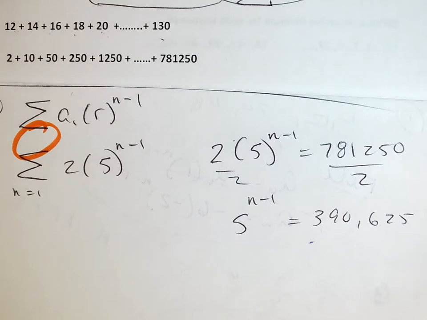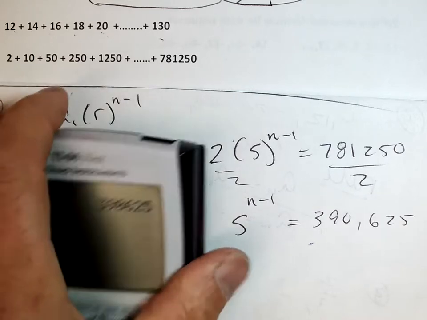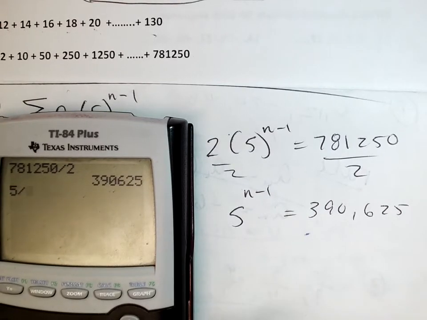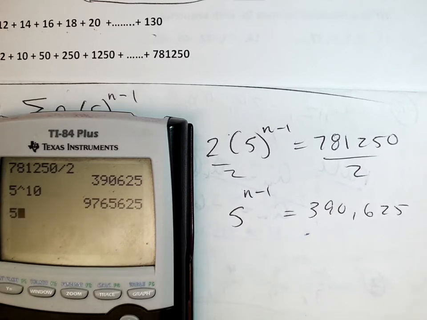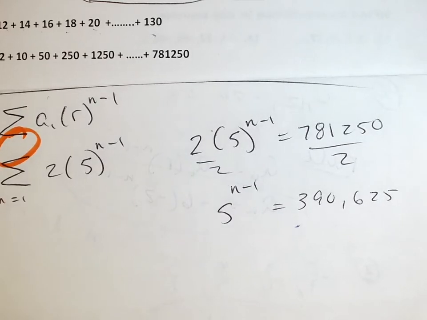Okay, now you got two choices. We could just guess and check. 5 to what power, 5 to what power? I guess, okay, well, 5 to the 10th maybe? Too big. 5 to the maybe 9th? Too big, okay? Or we could go back to something we learned last chapter.